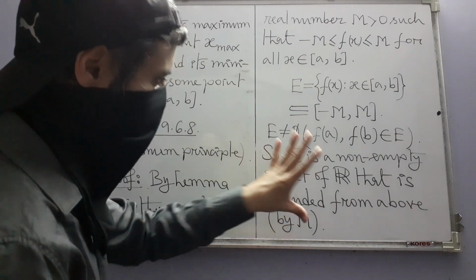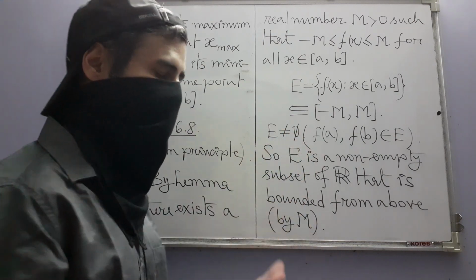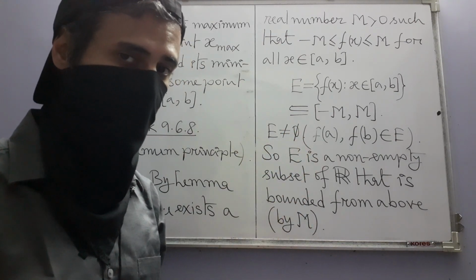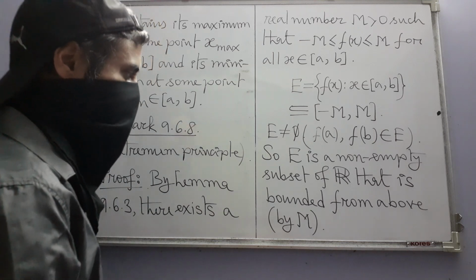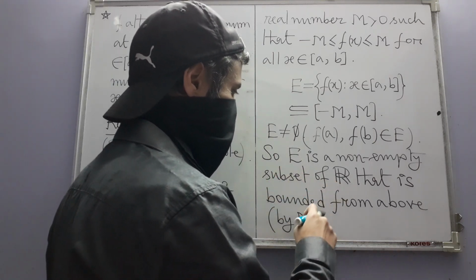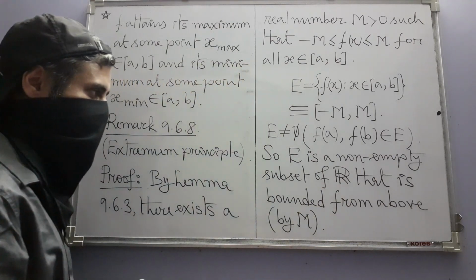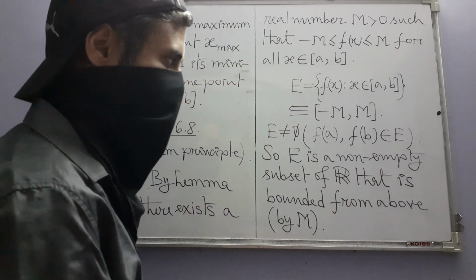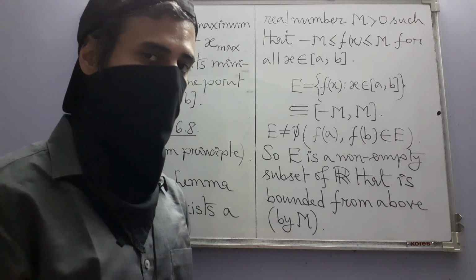And when you see this statement, immediately what comes to your mind? Least upper bound property. We know that any non-empty subset of R which is bounded from above has a least upper bound, which we also call its supremum.